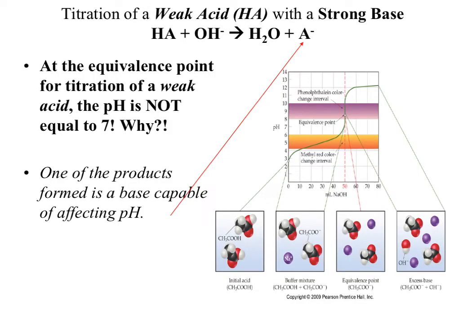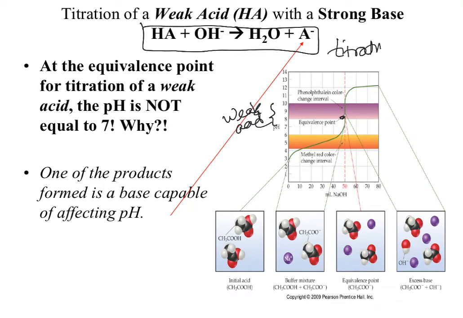Let's talk about why the pH at the equivalence point for a weak acid is greater than 7. Let's write out the generic acid-base equation that represents titrating a weak acid with a base. As in all acid-base reactions, you've got some type of countercation, which I've just left out because it's a spectator.